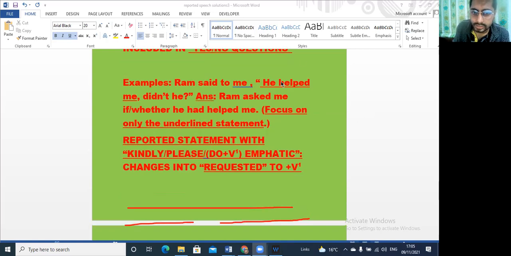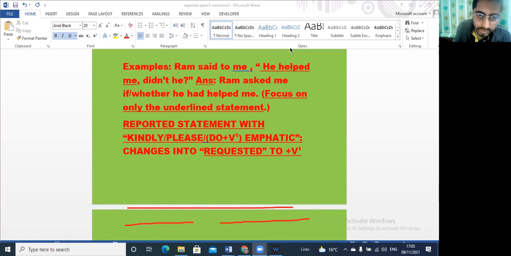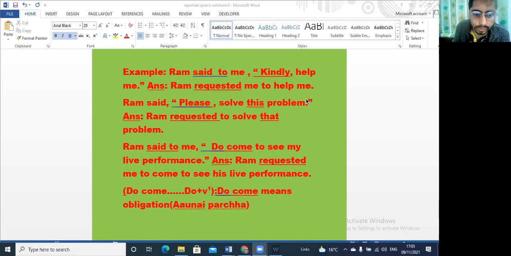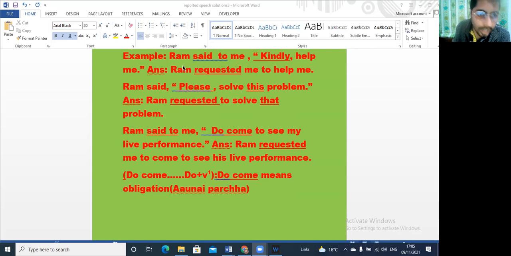Now let's move downside here. Before that, let me clear out my rough work. Let's move to know more about this. Ram said to me, kindly help me. So I have already discussed that whenever we see kindly, please, do plus verb 1 or emphatic verb, then kindly, please or emphatic verb is replaced by requested to plus verb 1.